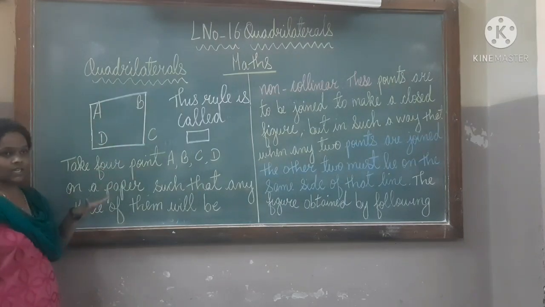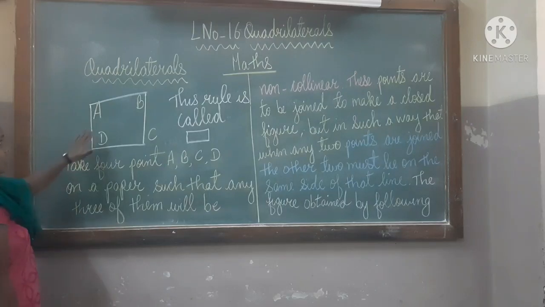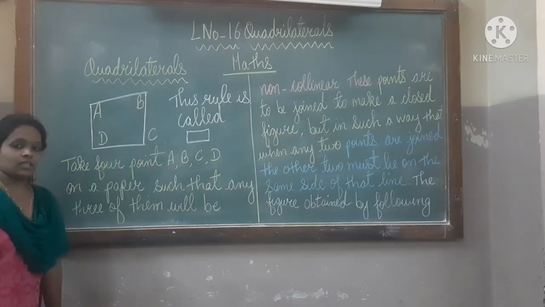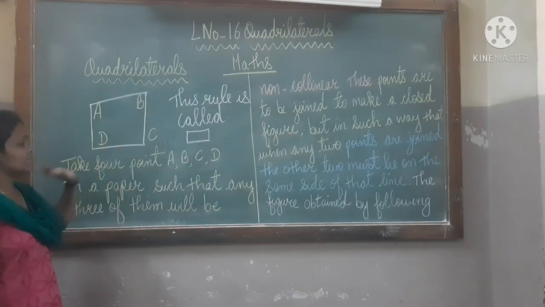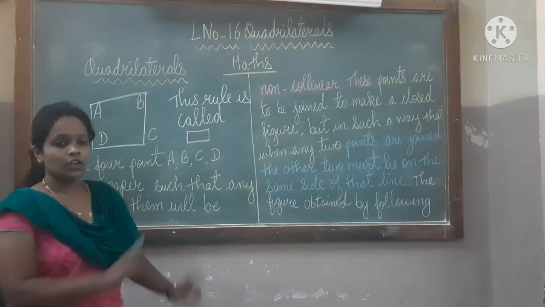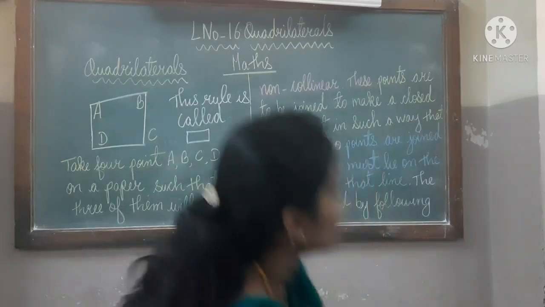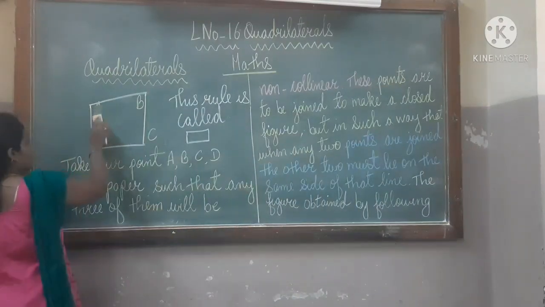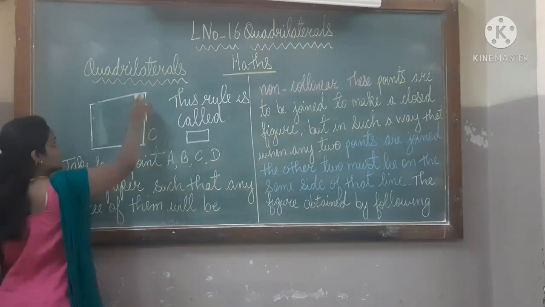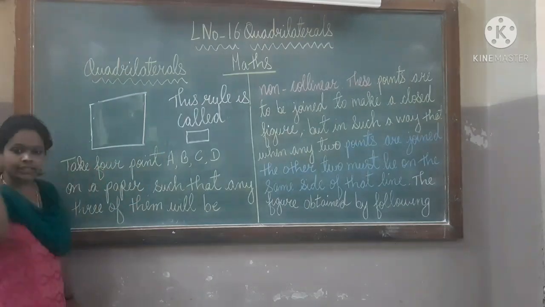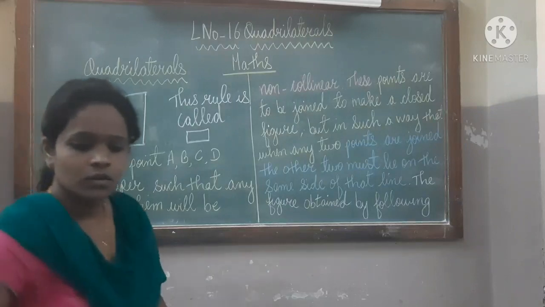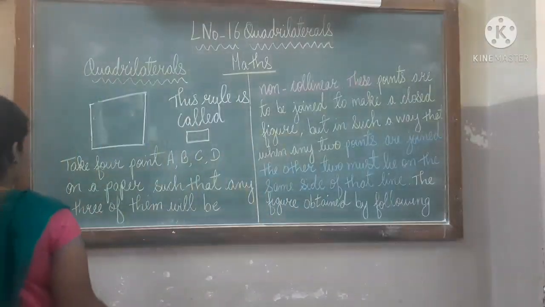Only I am joining it and showing you. And here you can easily come to know that the closed figure is called a quadrilateral. Now after joining it, you can write the letters outside or inside. Only for explaining, I have only joined it. Correct? Now I have taken the points and then I have joined.